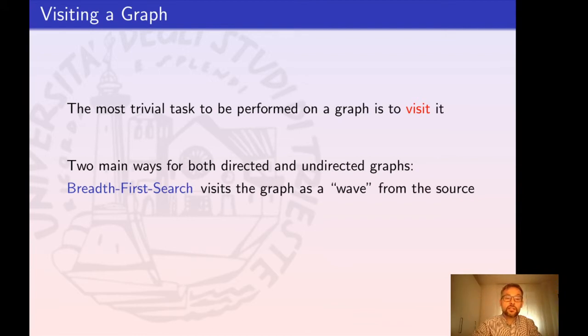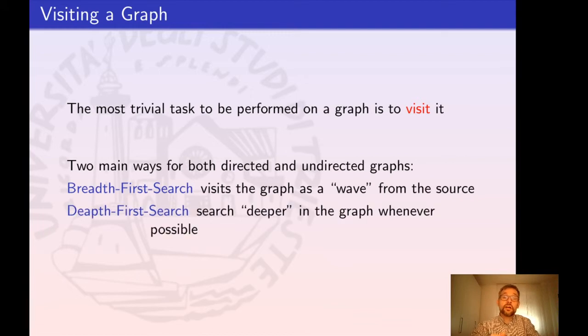So the first one is breadth first search, or BFS, which behaves just like a wave. So if you let a drop fall into a glass of water, you can see the wave moving from the source of the wave, so from the drop, through the glass. And this is exactly how breadth first search works, and we will see it later on.